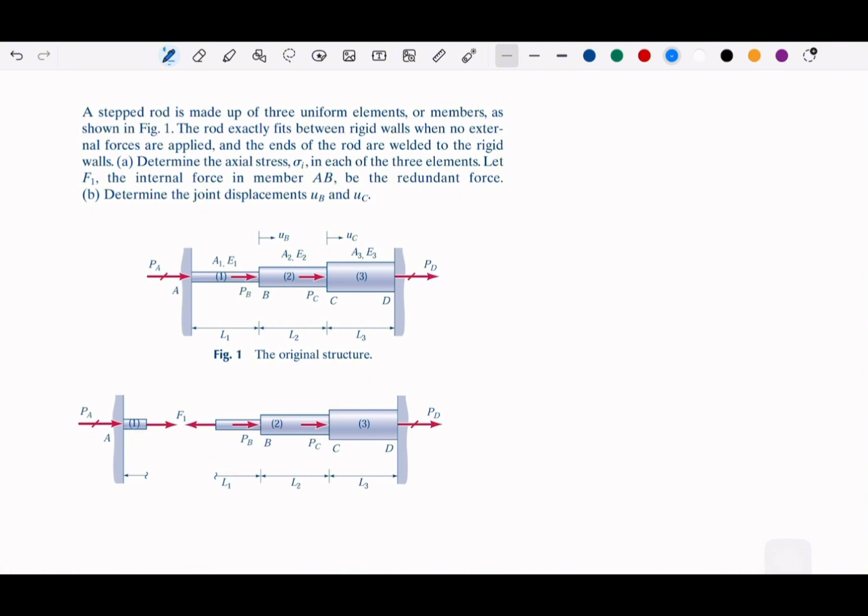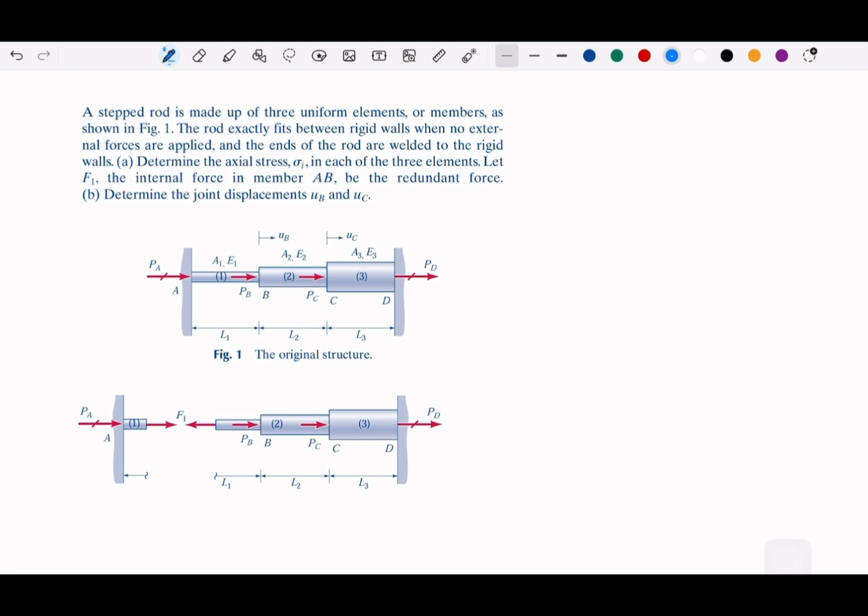So what will happen is we can cut. For example, if we look at element 1, we can cut anywhere on that element 1. Suppose that F1 is the internal force in element 1.